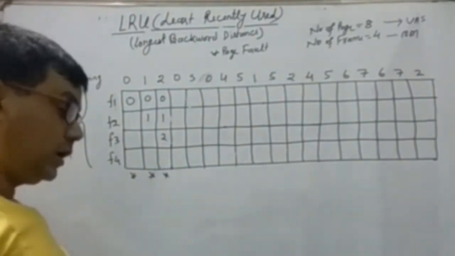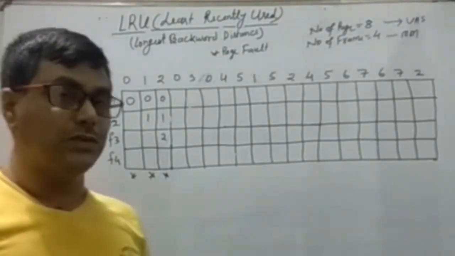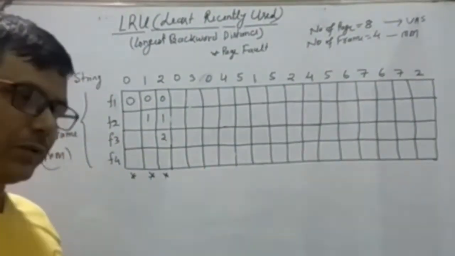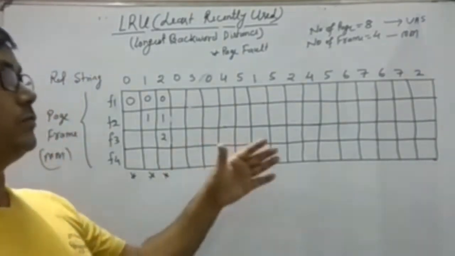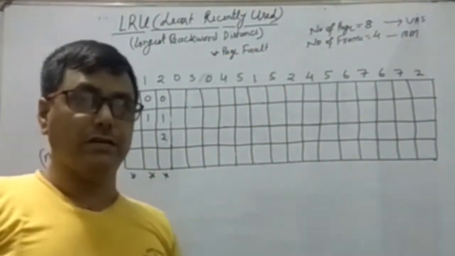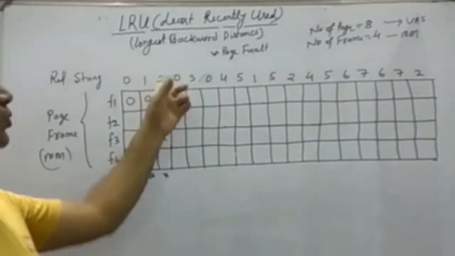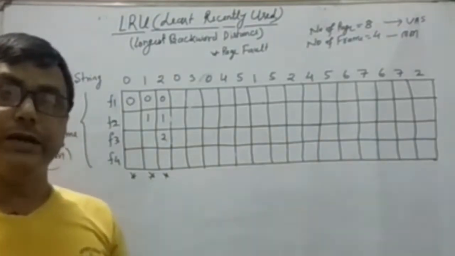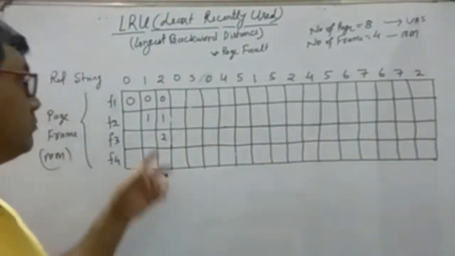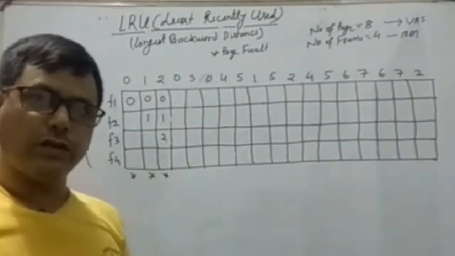Don't be confused about what a page fault means. A page fault occurs when a page is requested from the virtual address space and the page was not already available. Now look here, another situation: page 0 arrives again and page 0 is already available in the page frames.